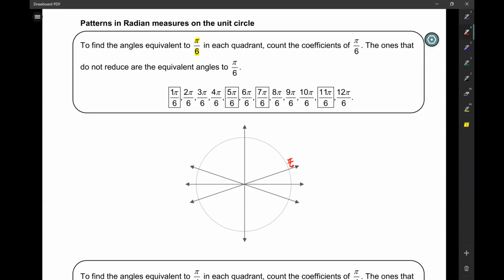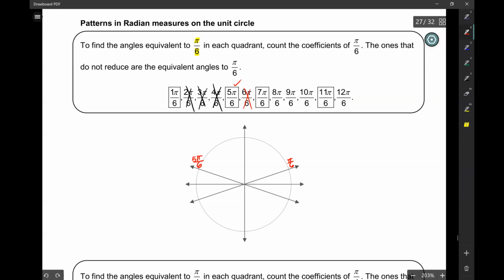So 2 pi over 6, do the 2 and 6 cancel with each other? They do. So I don't like it, I throw it away. 3 pi over 6, does it cancel? Yep, don't like it. 4 pi over 6, don't like it. 5 pi over 6 does not cancel, so this next one is 5 pi over 6. 6 pi over 6 reduces, throw it away.